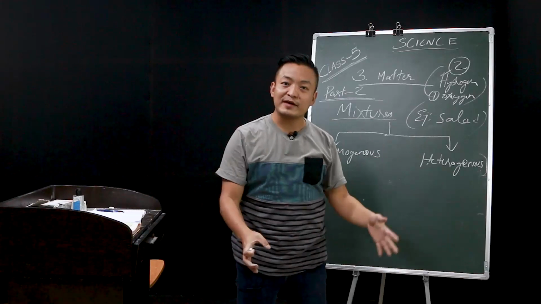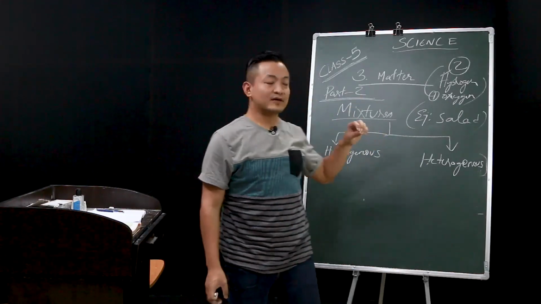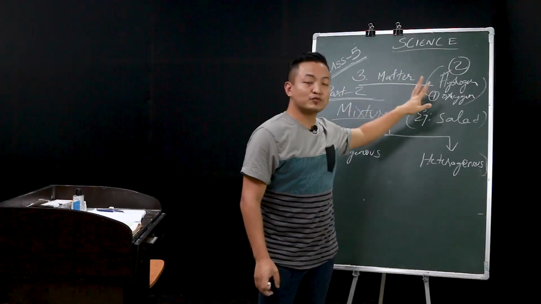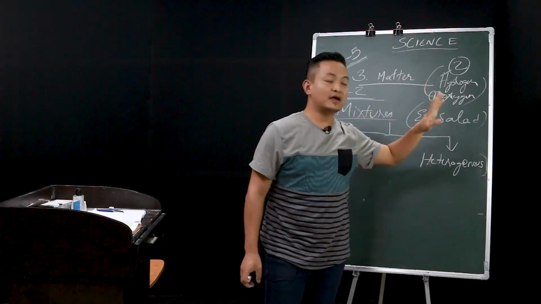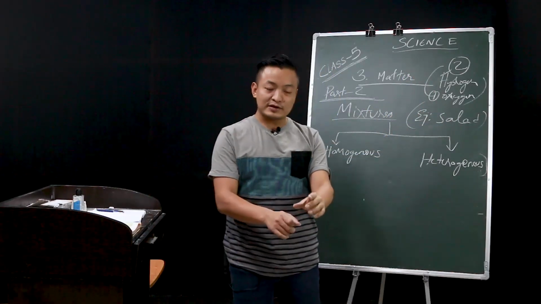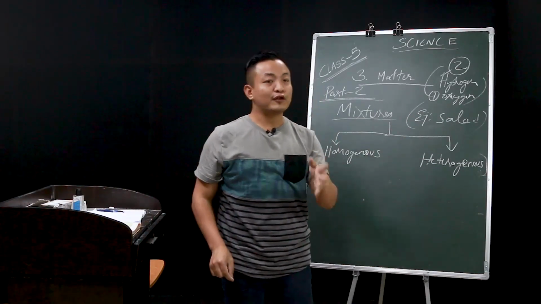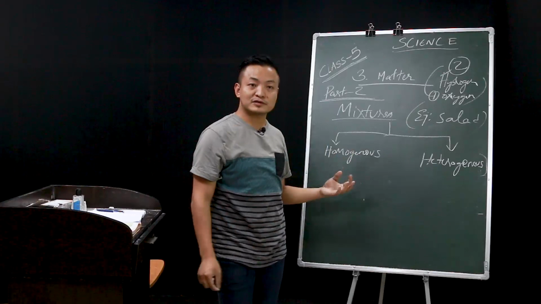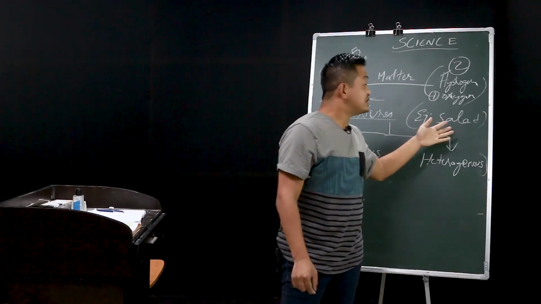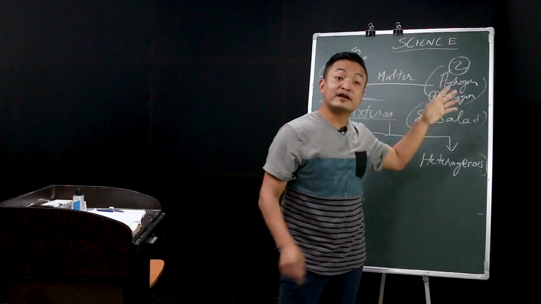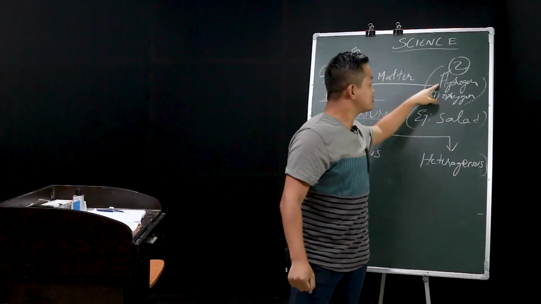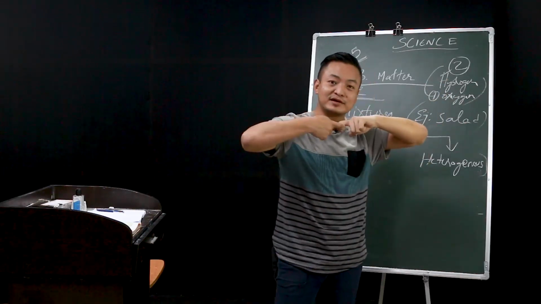It's made up of the same atoms, the same 2 hydrogen atoms and 1 oxygen atom. If you are told to separate the hydrogen and oxygen with your hand, will you be able to? No, because water is a pure compound. In water, the hydrogen and oxygen are chemically joined.